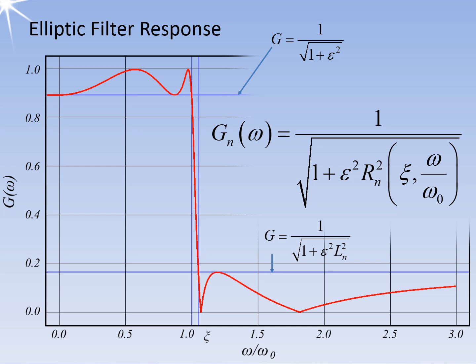R_n is here in the equation the nth-order elliptic rational function. Omega is the actual frequency. Omega divided by omega 0 is the normalized frequency. Epsilon is the ripple factor. Xi is the selectivity factor.